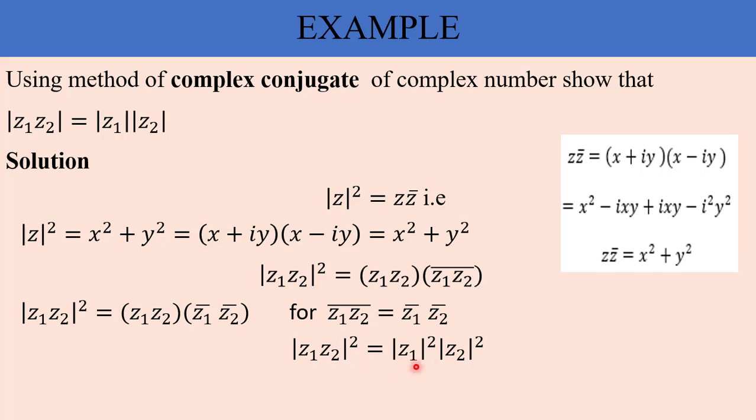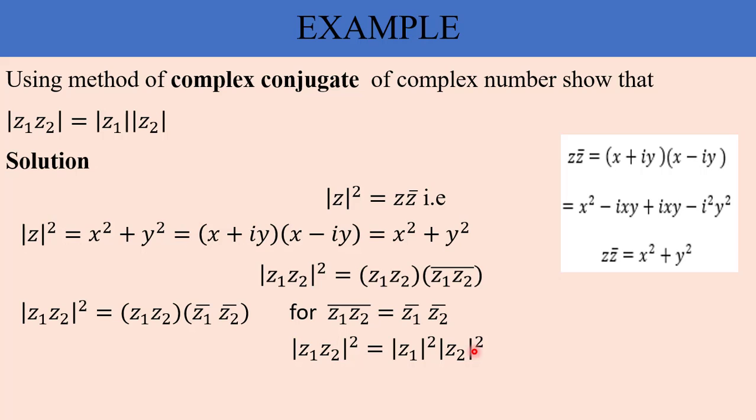This is got by substituting z1 times its complex conjugate, which gives us the magnitude of z1 squared, and z2 times its complex conjugate, which gives us the magnitude of z2 squared.